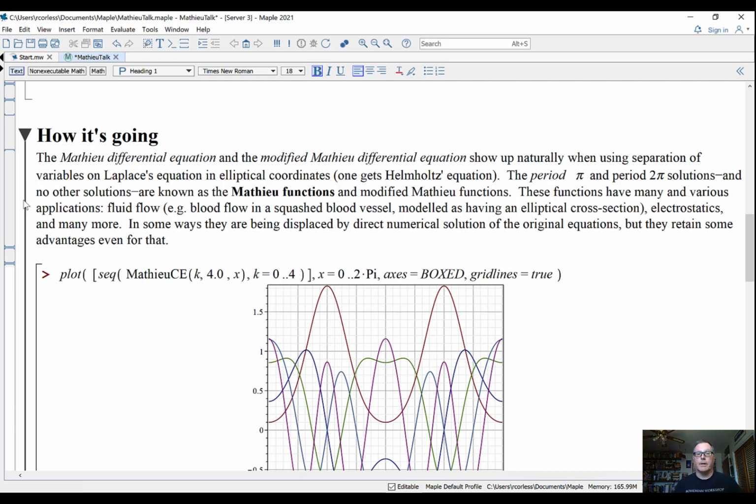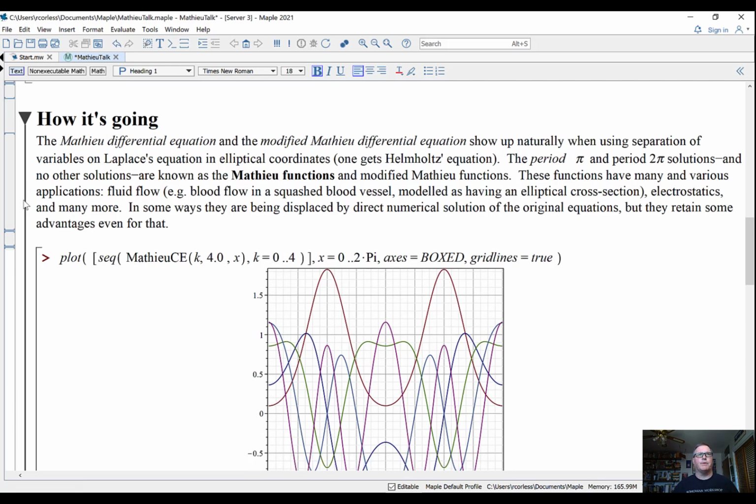They're useful in electrostatics, for instance, and quantum mechanics. In some ways, they're being displaced by direct numerical solution of the original equations. Our methods for direct numerical solution are getting really, really good nowadays, but using Mathieu functions can get you spectral accuracy even for that, so that's not a bad thing.